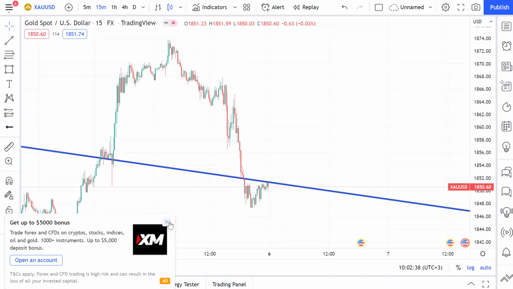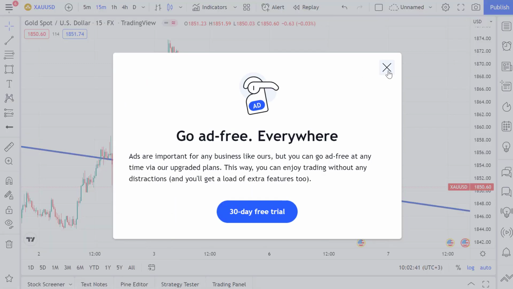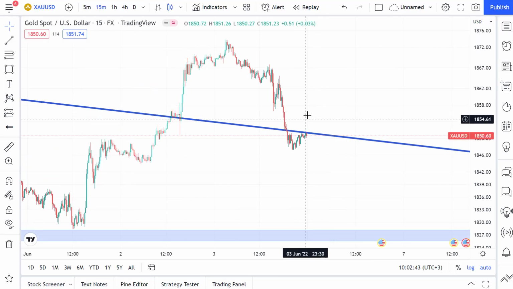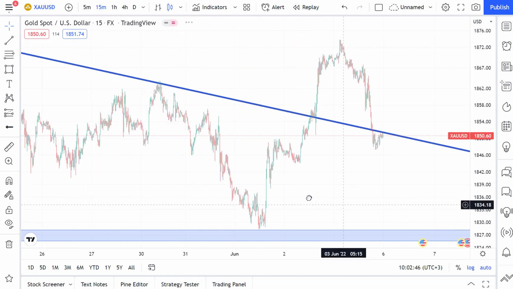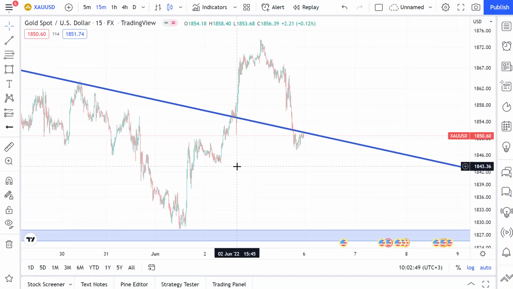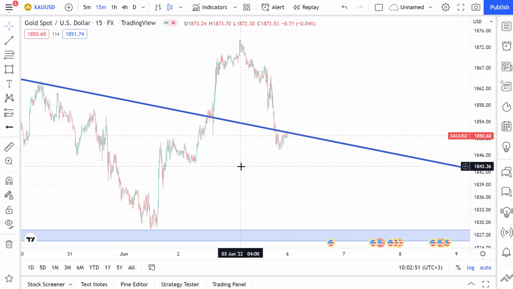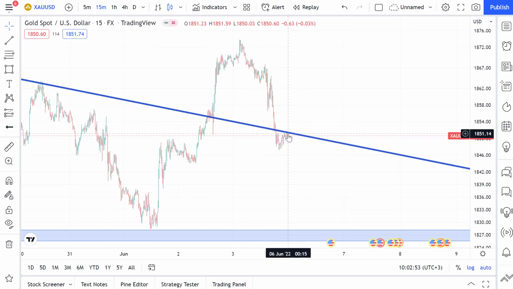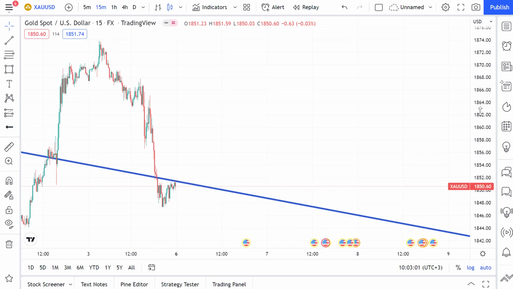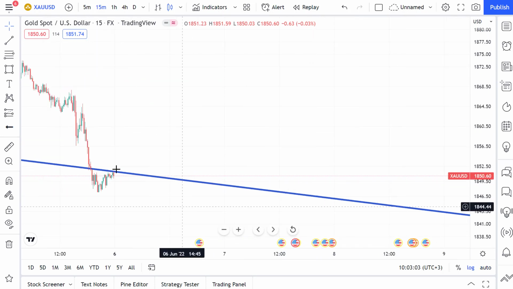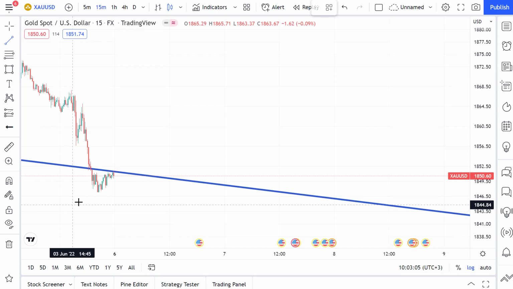But what I think, for the next week and what you should wait for, is if the trend goes from this side to this side. Let me draw this one for you.